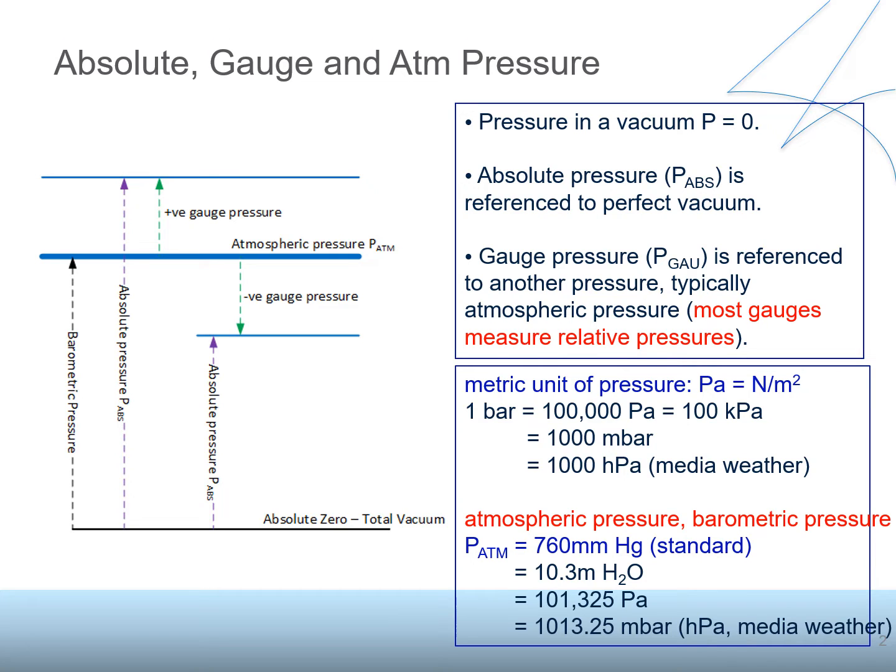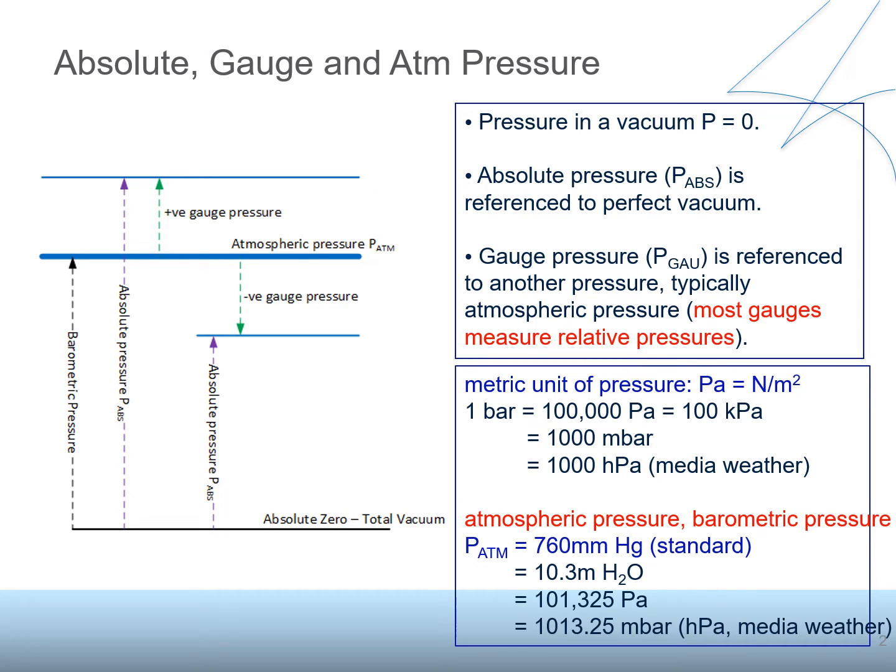Now, in civil engineering, because we assume atmospheric pressure as 0, the measurement of pressure more than atmospheric pressure is positive gauge pressure, and less than atmospheric pressure is negative gauge pressure. So gauge pressure is actually the measurement of the pressure relative to the atmospheric pressure.